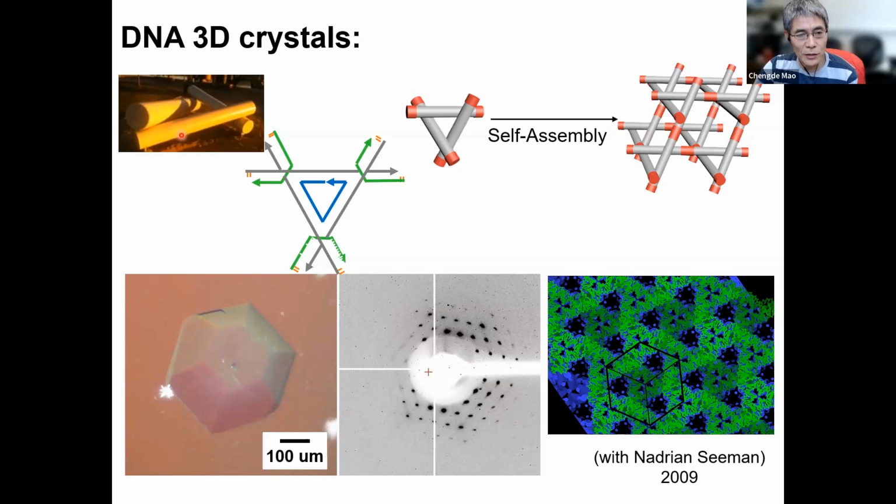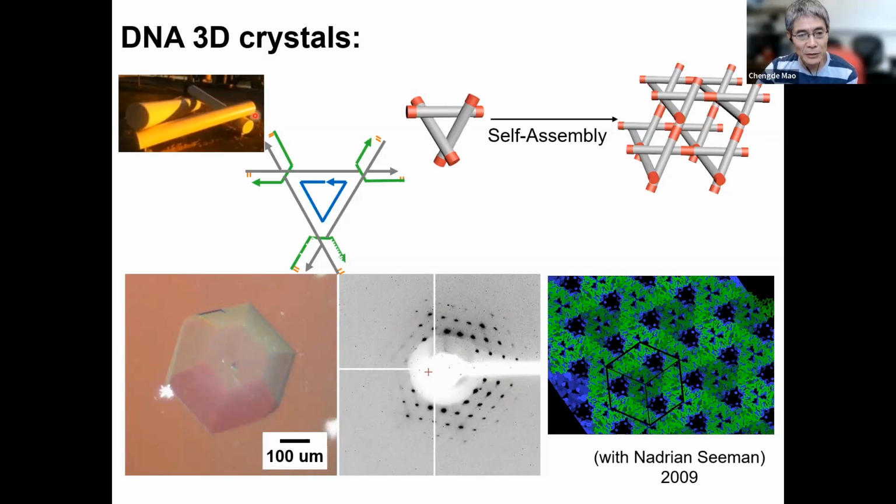In this structure, you can imagine each rod here is a DNA duplex, and three duplexes come together and join at the corner like this. We call this a triangle, but obviously it's not a real triangle, because it is not flat.